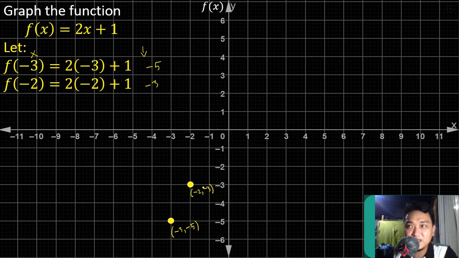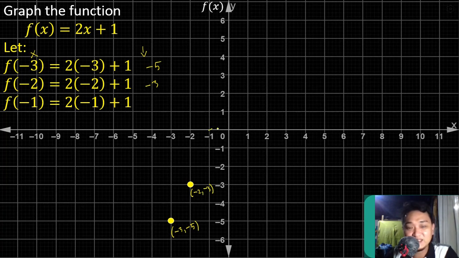Kung hindi ka pa rin talaga kontento doon sa dalawang point at mas gusto mo yung graph mo, mas maganda yung guhit, meaning eksaktong-eksakto talaga, magdadagdag tayo ng value ni x para mas ma-connect natin na mas mabuti yung line. So in this case, we will try negative 1.